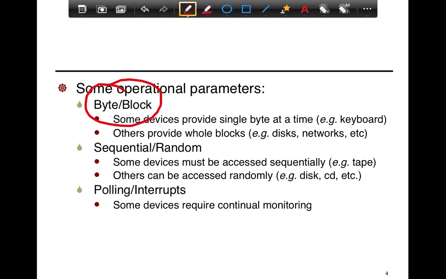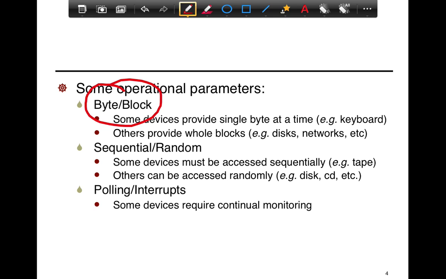And there are some like the network or tape, which provide FIFO access, so sequential access, in the sense that you cannot seek or look for records in the middle of the I/O device. They must be accessed sequentially. There are others which can be accessed randomly, such as disk, a CD, or memory.